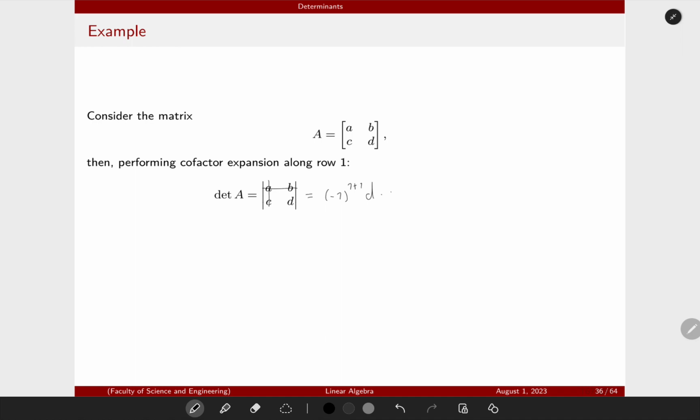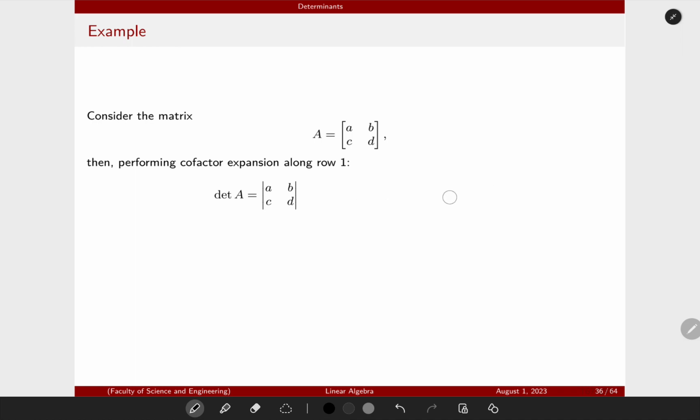Then we have to remember to multiply by A, because that's the coefficient that we started with. Then we go along this row, because we've chosen this row for our cofactor expansion, and we take (-1) to the 1 plus 2, because now we're in column 2. Again we imagine removing this row and column, we are left with C, and we multiply by B.